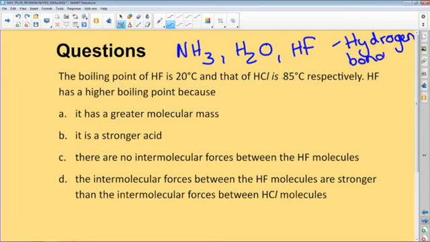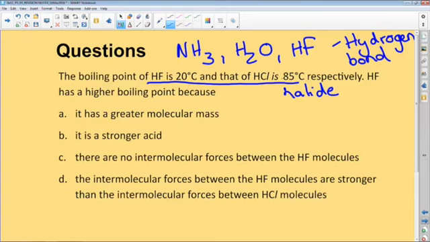The boiling point of HF is 20 degrees Celsius, and that of HCl is minus 85 degrees Celsius respectively. Why have I got these 2? They are in the same group, so they are halides. It's a hydrogen with a halogen. They're hydrogen halides. HF has a higher boiling point because, let's think it through together.